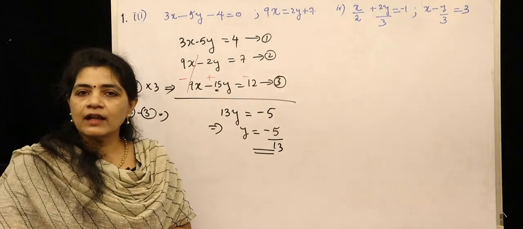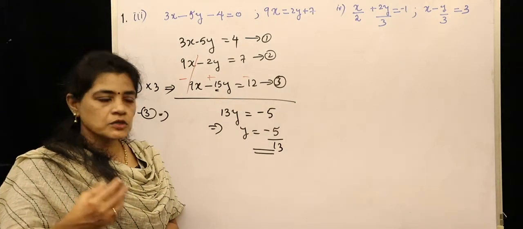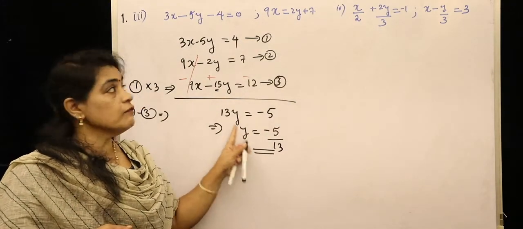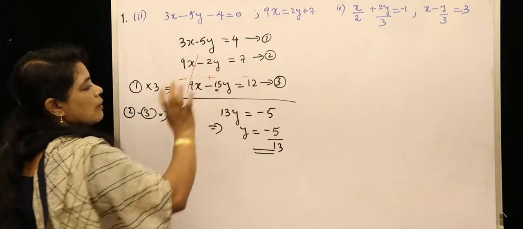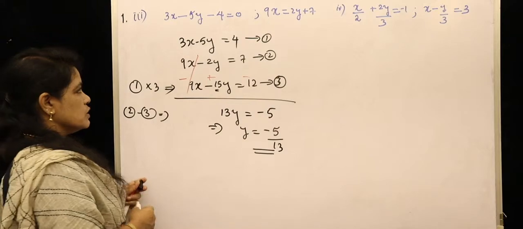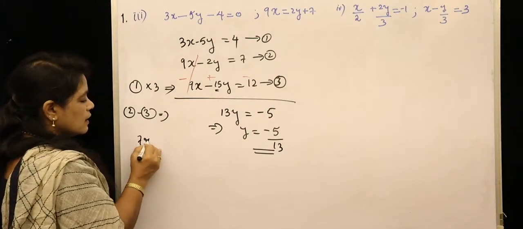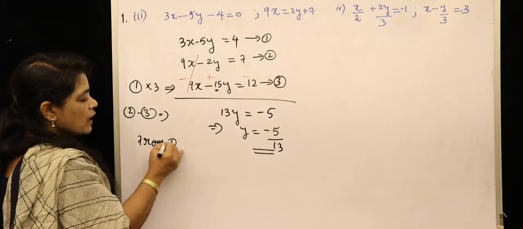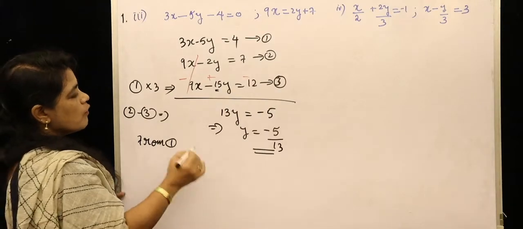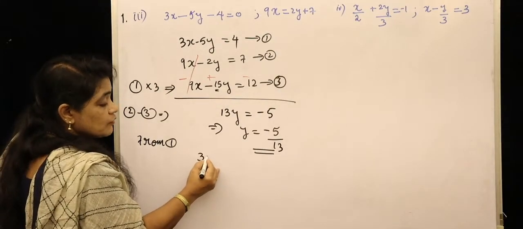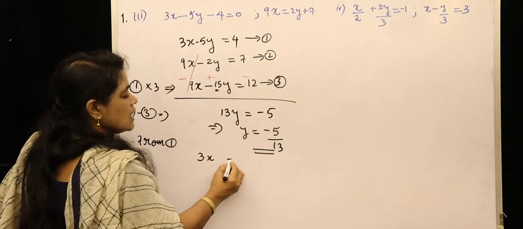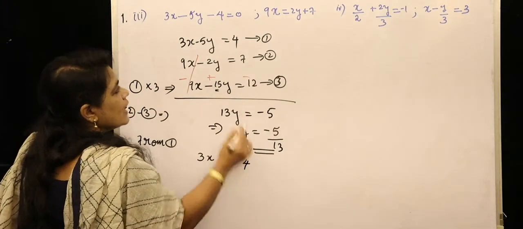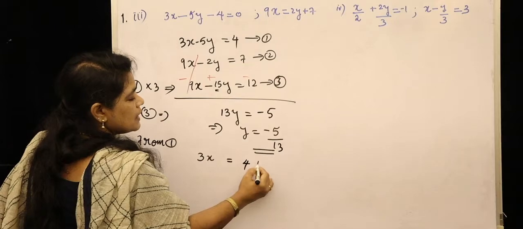So in order to get the value of x, what is the condition? You can substitute this value of y in one of the equations. I am going to substitute in equation number 1. That doesn't matter, any equation. From equation 1, you can write 3x equal to 4 plus 5y.